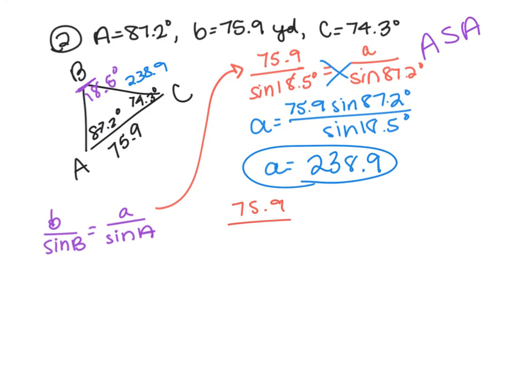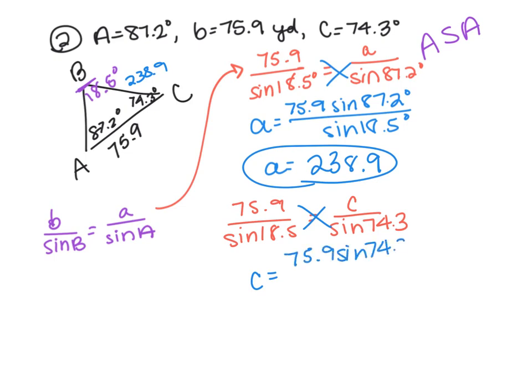We can start with the same ratio, b over sine of B, and this is going to equal c over sine of C. Again, cross multiply, divide, and we have 75.9 sine of 74.3.